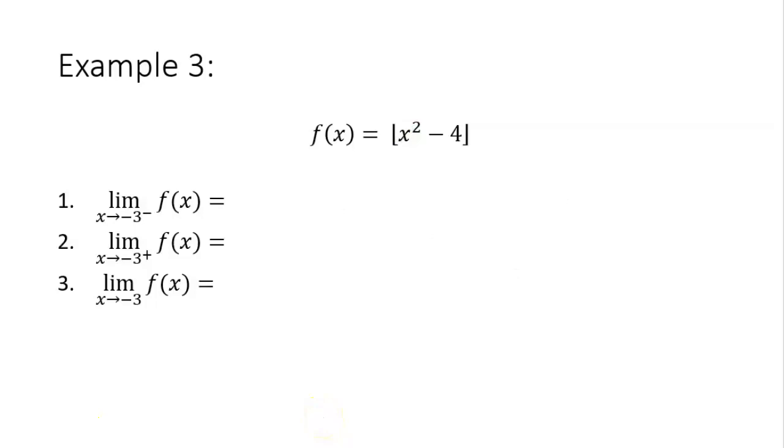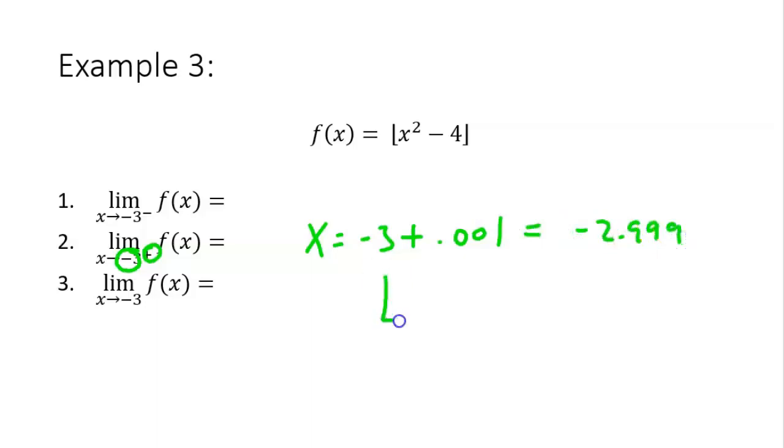So for my next problem, I'm going to plug in a number where x is equal to negative 3, but this time plus 0.001. And I'm going to get negative 2.999 if I do that. So let's go ahead and plug that in and see what we get.